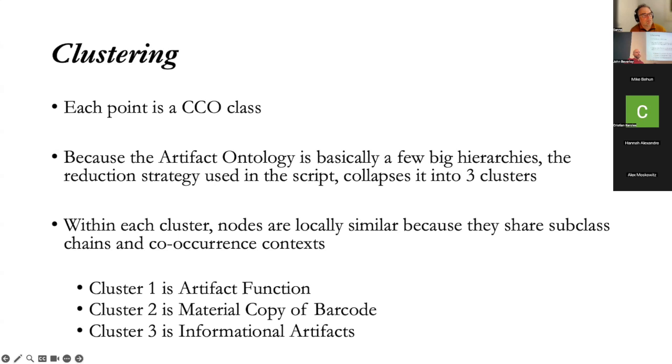So is the point that clustering happened because of the way the script works, and it's not actually the case that everything is a subclass of entity because there are missing links? Yes. When we have our training set, which is subclass, we pulled out 10% for the validation and 10% for the testing.